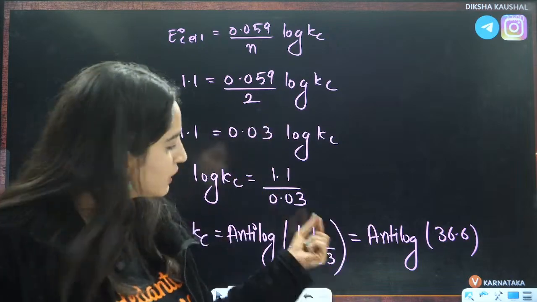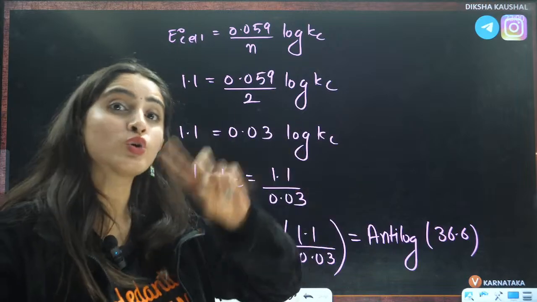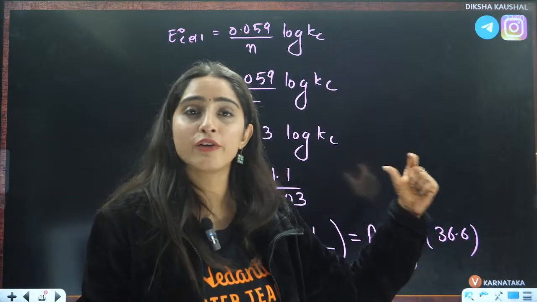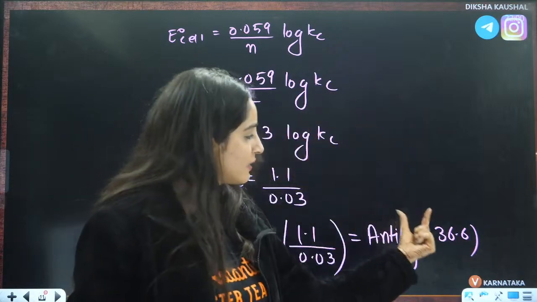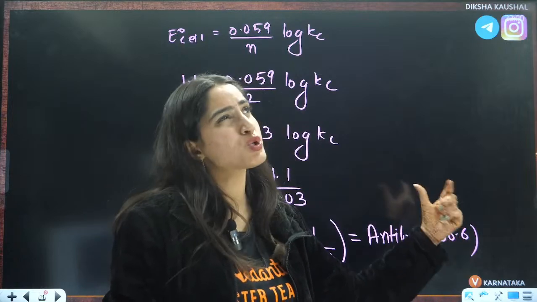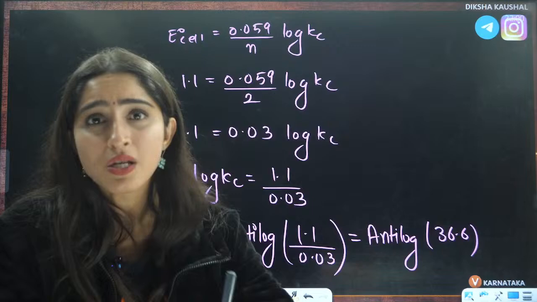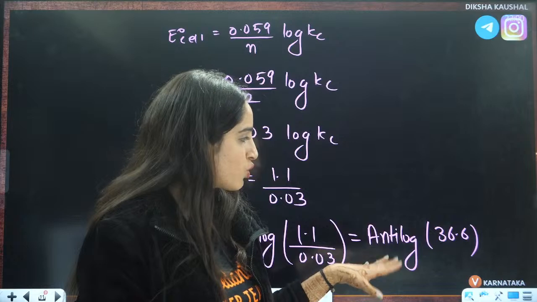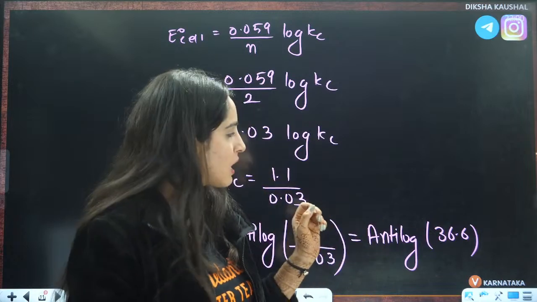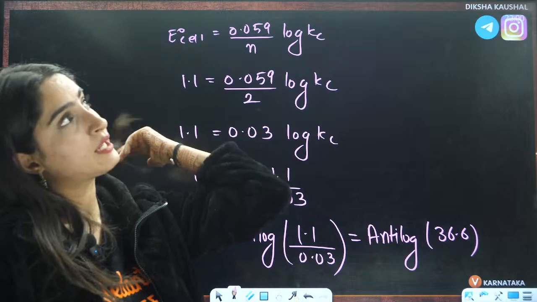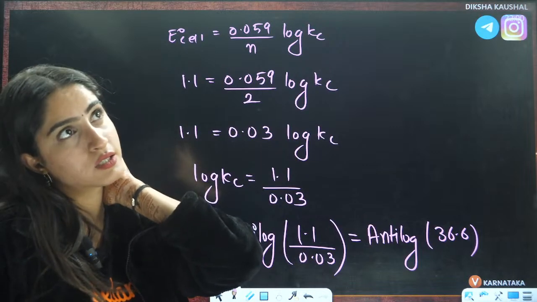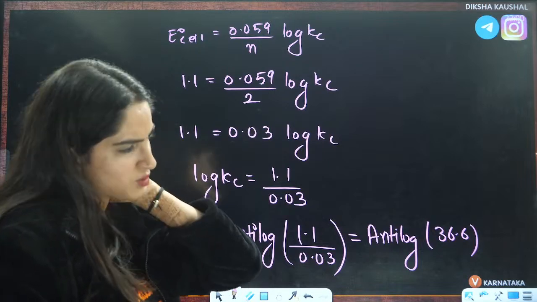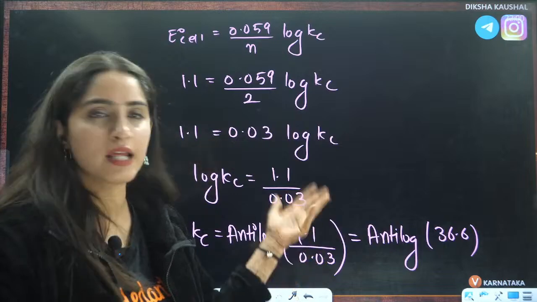Most probably, they will give you only those values which you can actually calculate. Basically, this is a positive anti-log, so convert it into 10 raised to power. This is 36.6, so you can take it as 36, do the multiplication, and then you can calculate.